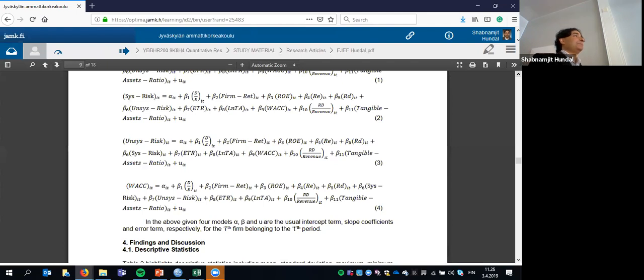I repeat, imagine I'm doing a research and my research objective is: what is the impact of advertisement and innovativeness on company's performance? Three, I agree. Which are they?